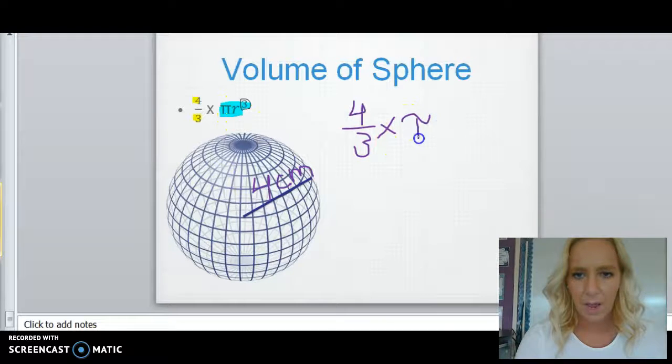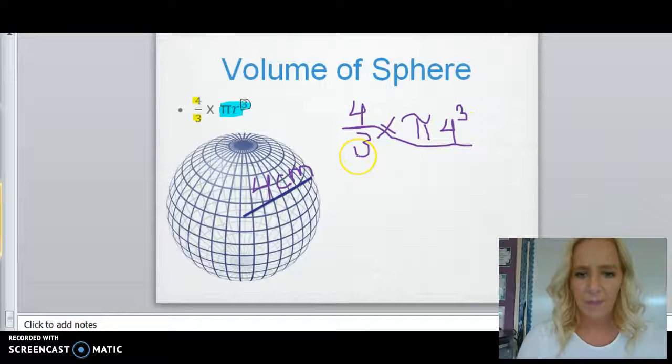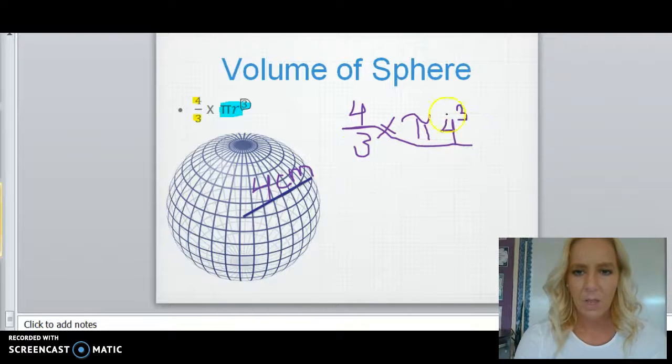So I'm going to take pi times 4 to the 3rd power. Now an easier way to do this is if we take the whole numerator and multiply it, then divide by 3. So we're going to first focus on pi times 4 to the 3rd power.